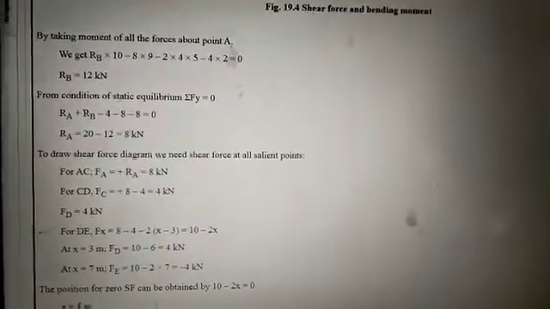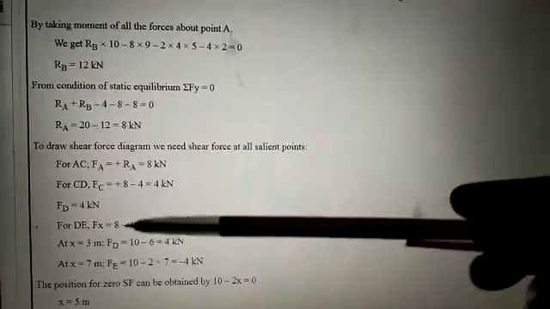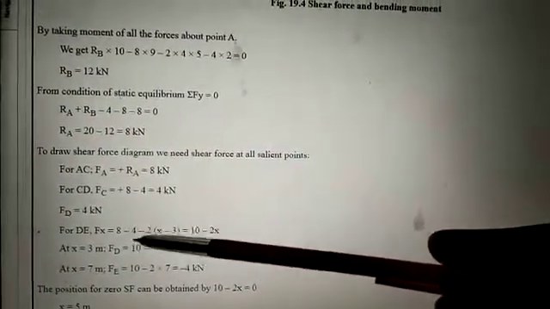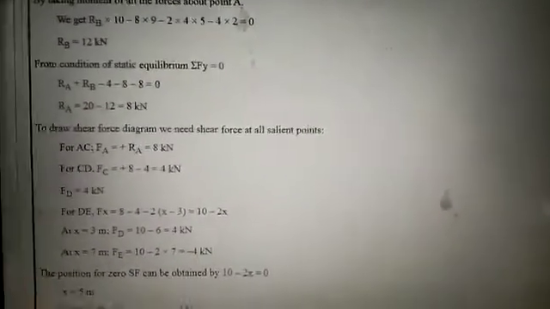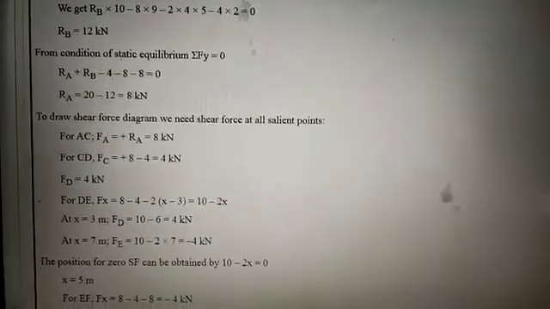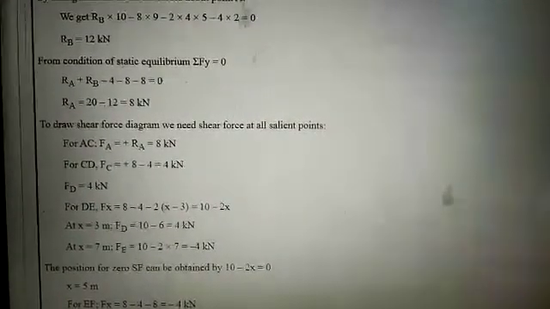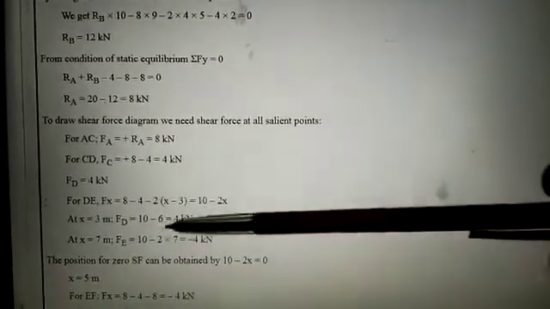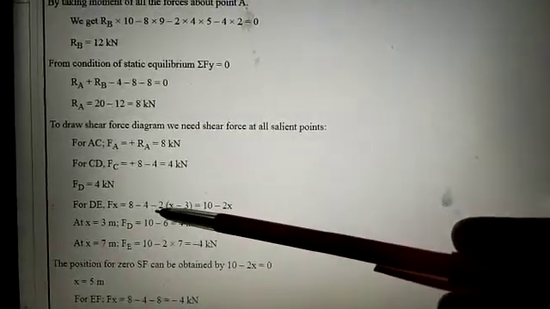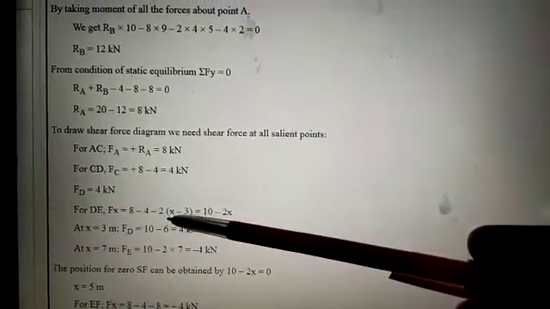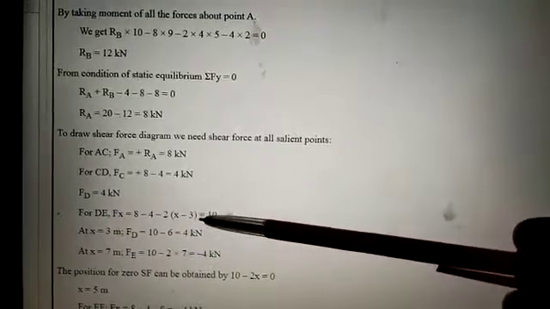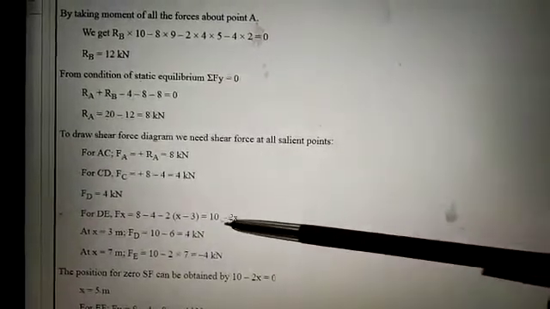Now we will find it for DE. For DE, we consider the section XX between D and E, with x measured from A. So 8 kN minus the 4 kN load minus 2 into x minus 3, it comes out to be 10 minus 2x.